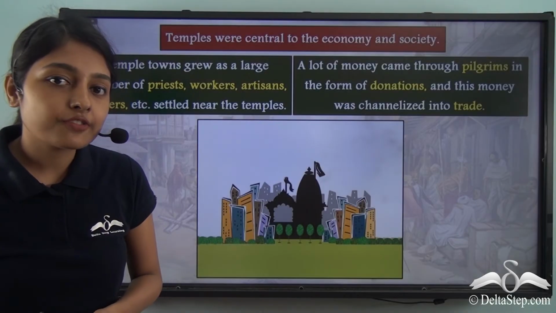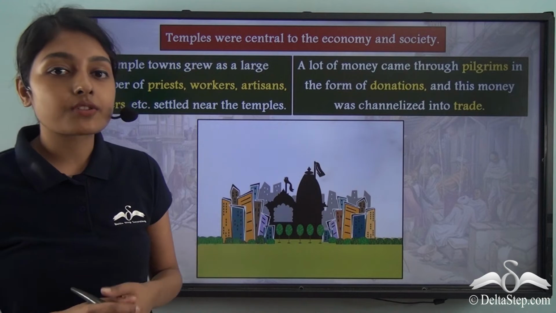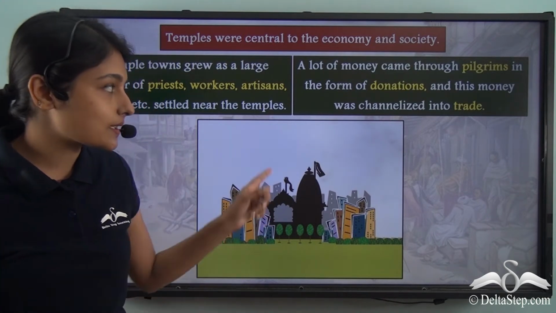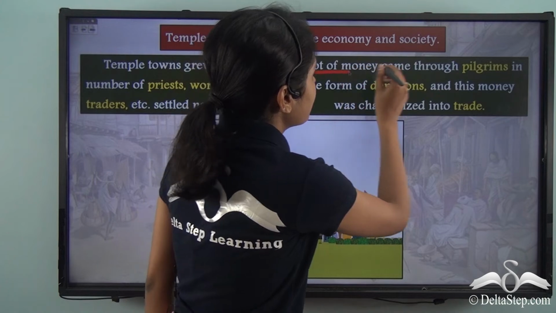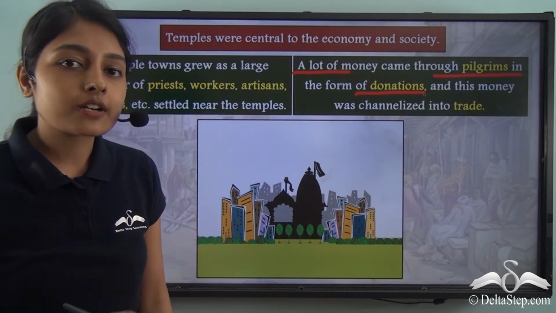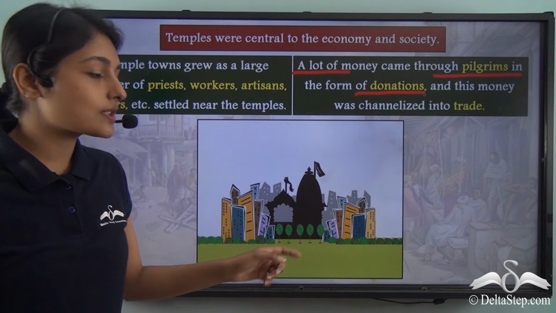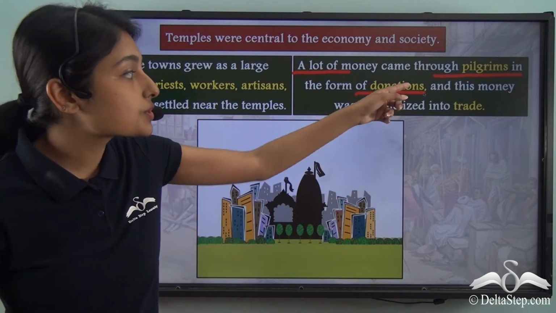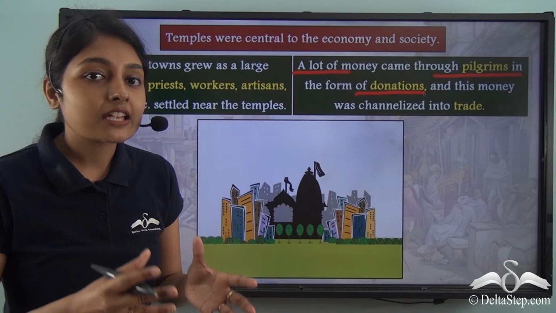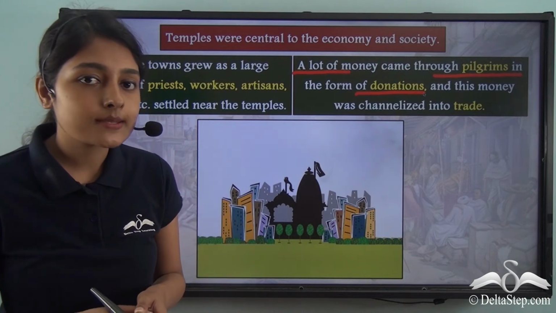In a similar way, when these temples were constructed in medieval India and many visitors paid their visit to these temples, a lot of money came through pilgrims in the form of donations, because the pilgrims or visitors who came to these temples gave huge amounts of donations. Now what was done with this amount that was gathered in the form of donations?